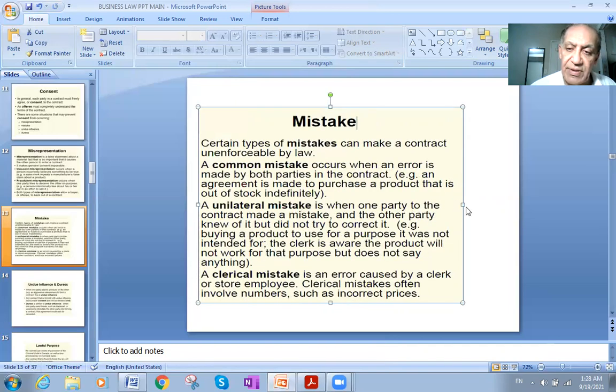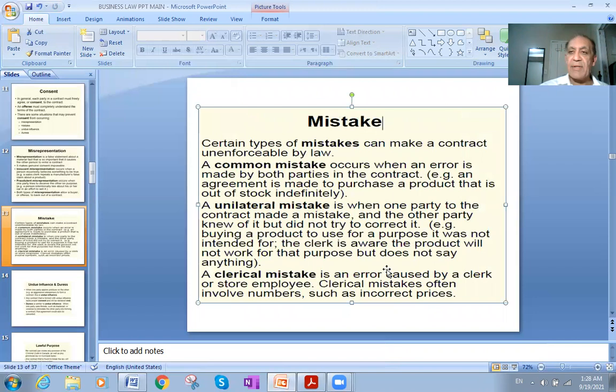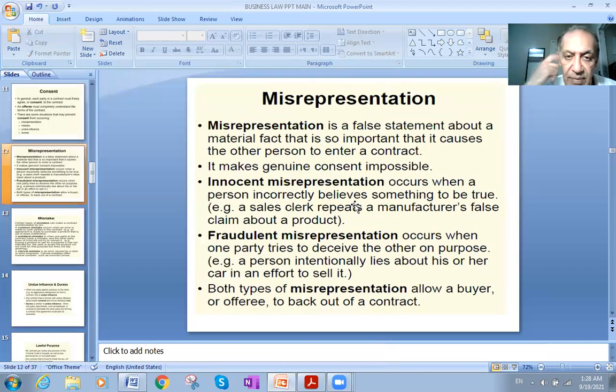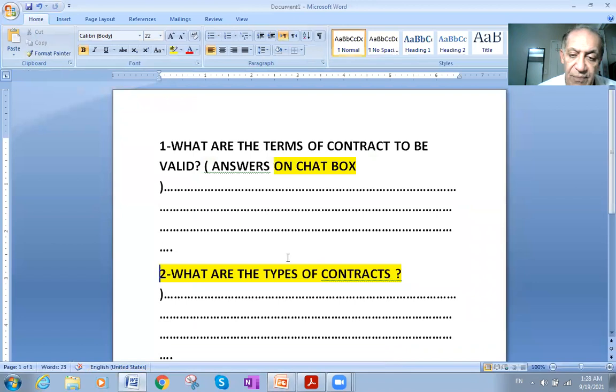I will stop here for another question now. And the question is, what do we mean by misrepresentation? The third question today.